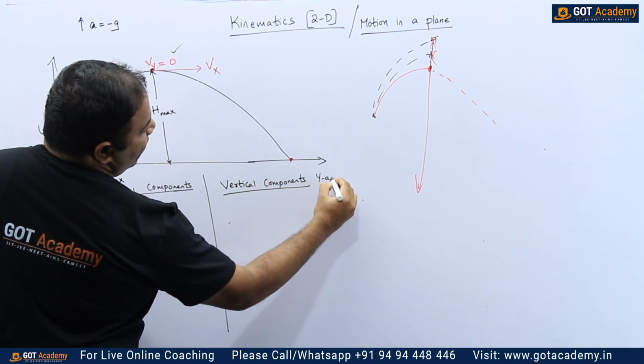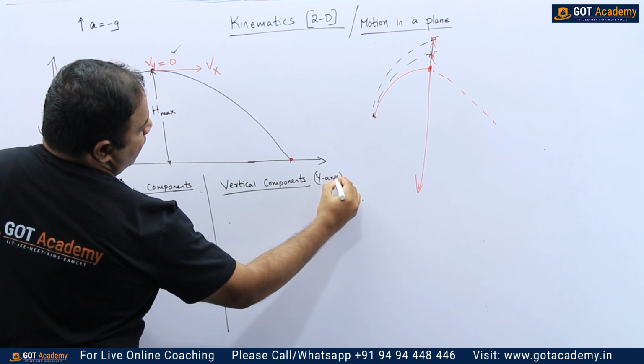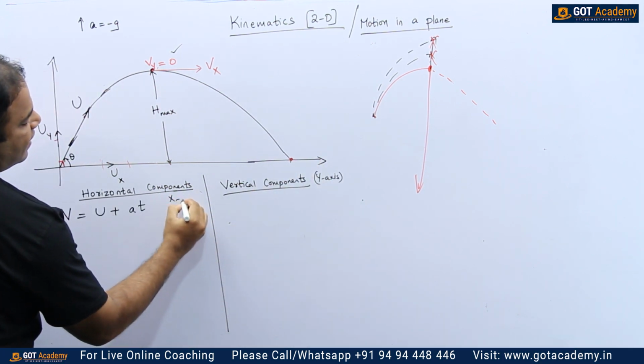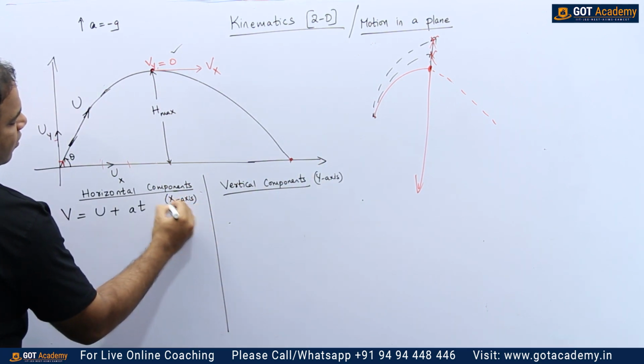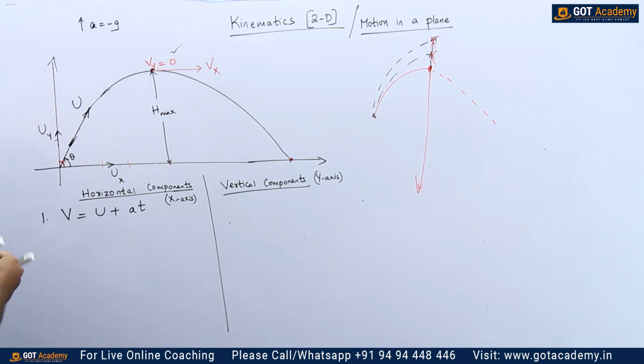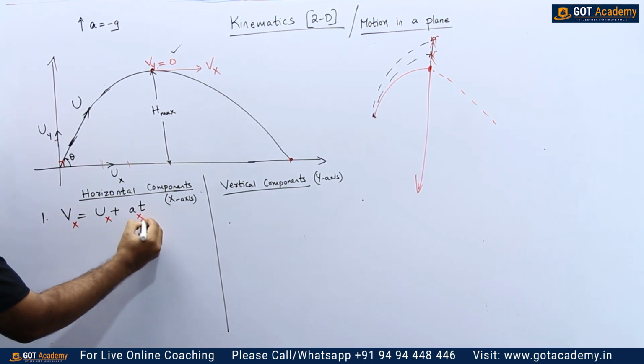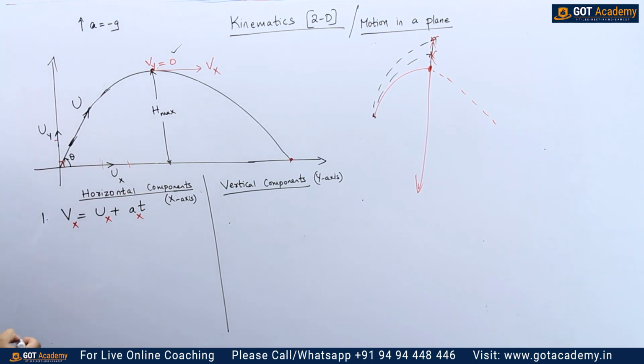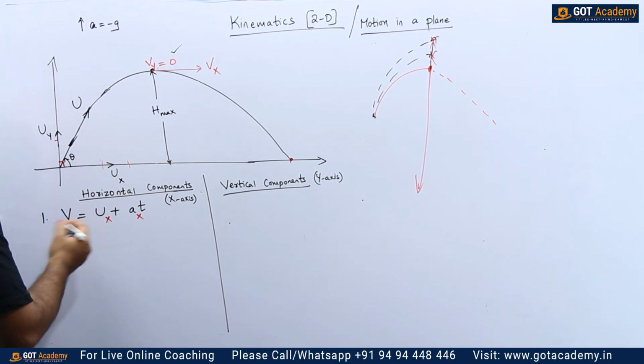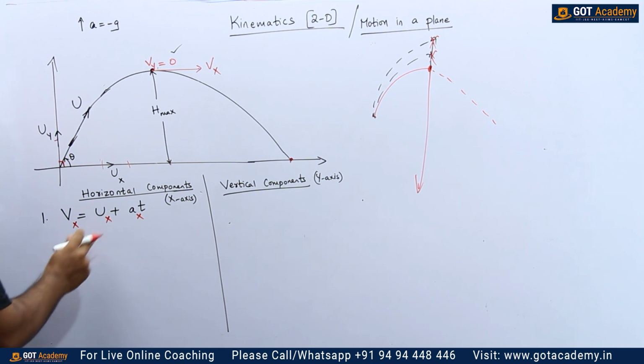Vertical in the sense y-axis. Horizontal in the sense x-axis. Since you are saying this one as x, here you have to put suffix x, x and then x like this. Understood? So now, what is ux?